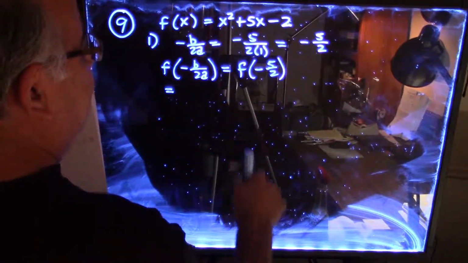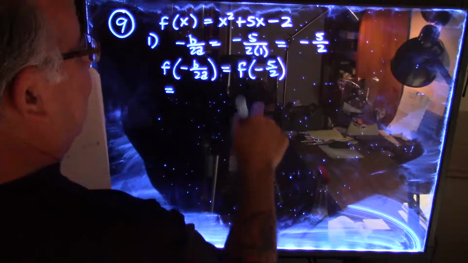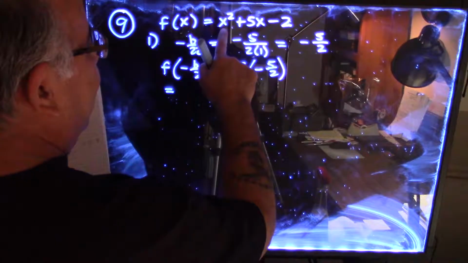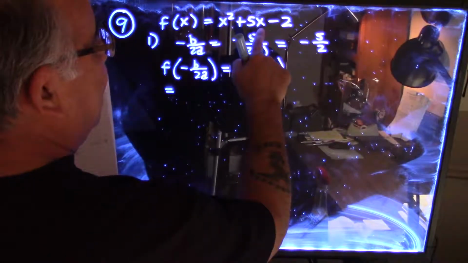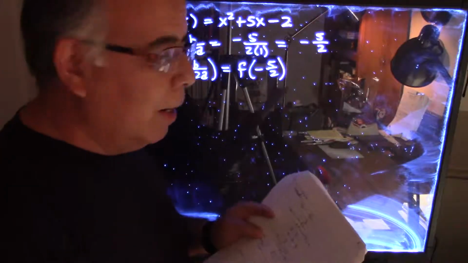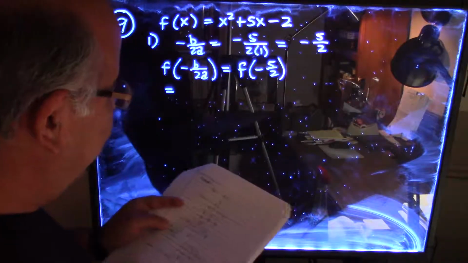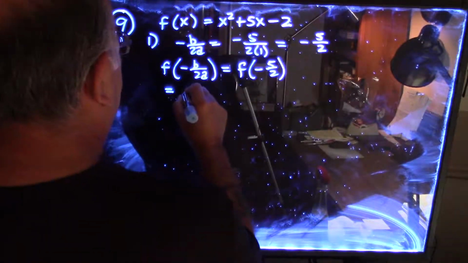Since it's a fraction, a lot of people seem to be allergic to fractions nowadays. So you may not enjoy doing this, and you may make mistakes, who knows, if you're not well practiced at it. But I'm going to write it down in case you need to do this if you're in a test situation or something.